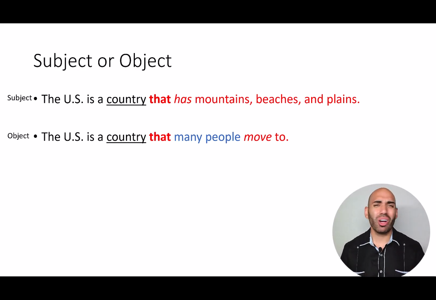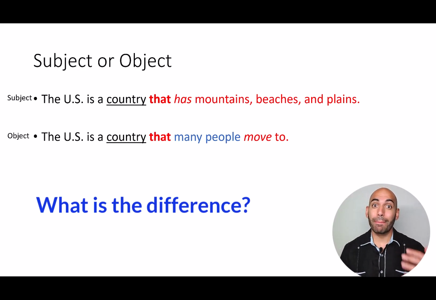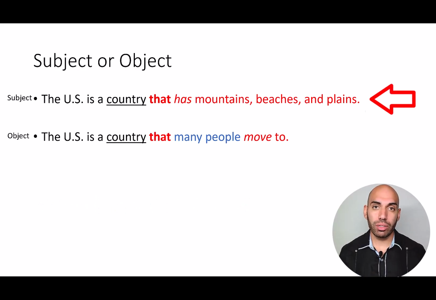These words are not super important to remember. There is one thing that is very important to remember, however, and that is, what is the difference between these 2 sentences? In sentence number 1, the adjective clause starts with the word that.